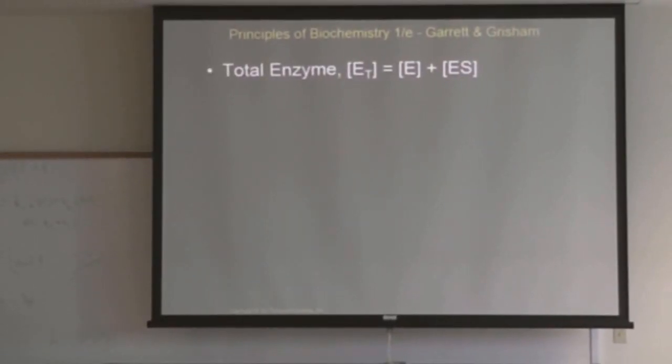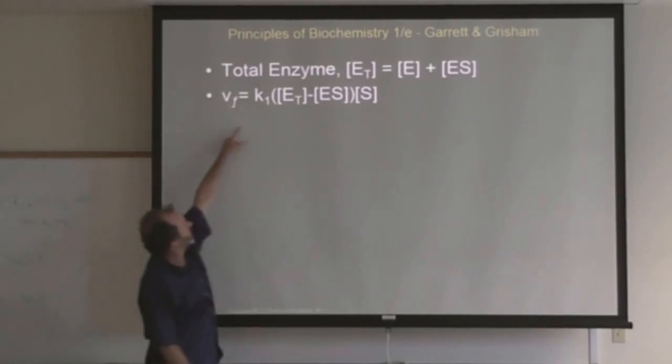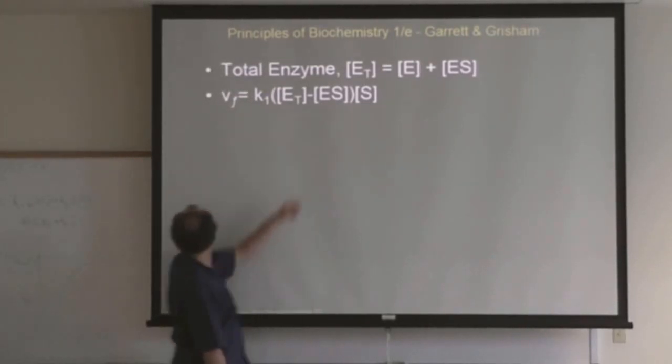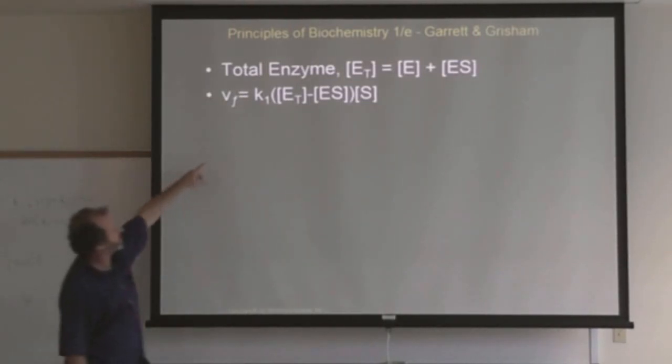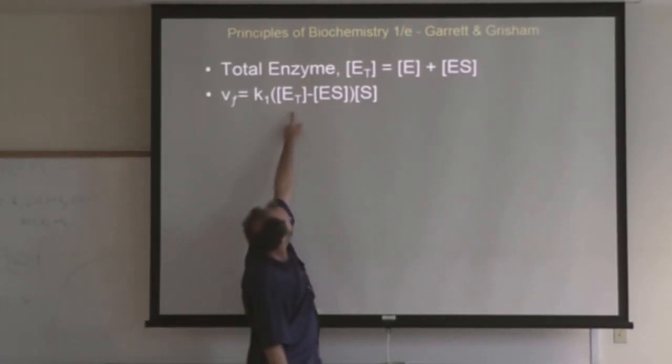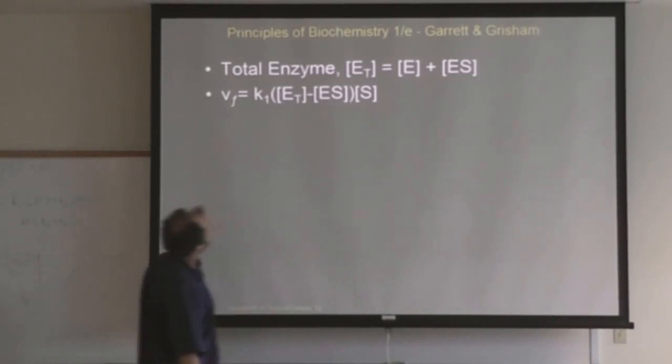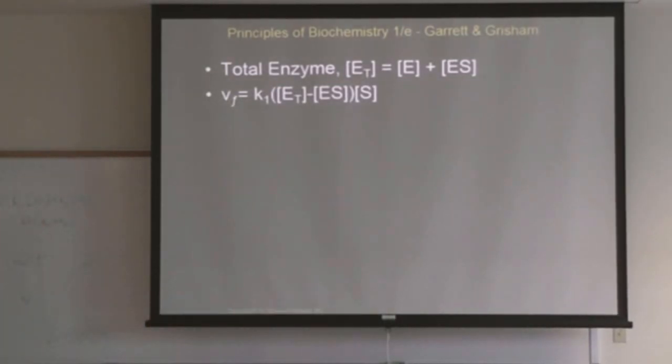So we got total enzyme, which equals your free enzyme plus your enzyme-substrate complex. Velocity forward is going to equal the K1 rate constant times E total subtracted by the ES, which is basically your free enzyme.